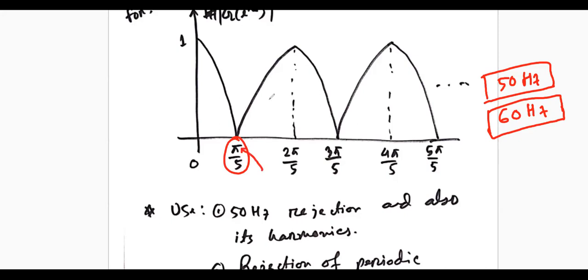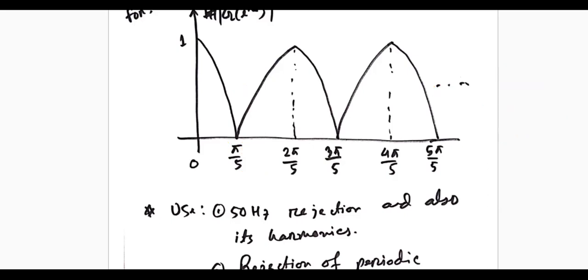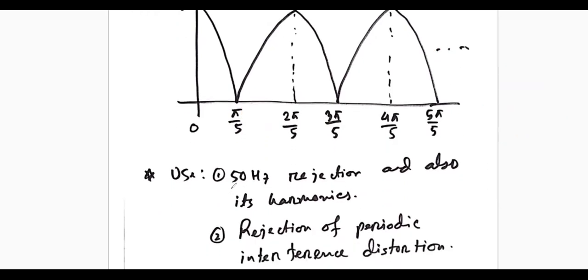Similarly, we have 50 hertz noise, and we also have its harmonics, 100 and 150, something like that. In that case, this comb filter is a very essential filter for targeting or rejecting 50 hertz, some basic signal, as well as their harmonics.